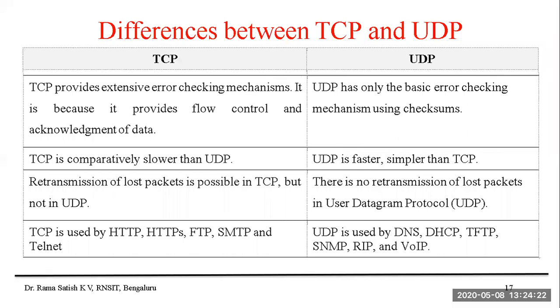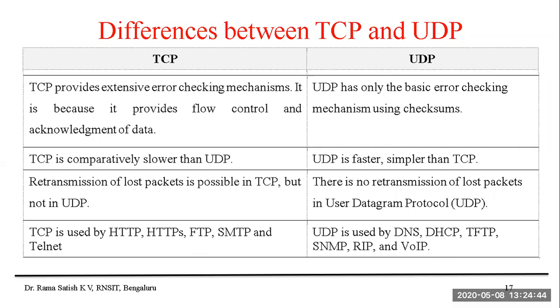Your entire video conferencing works on UDP. That's why sometimes if there is a traffic or network problem, you will never get packets retransmitted. Either the packet is lost or the next set of frames are coming.